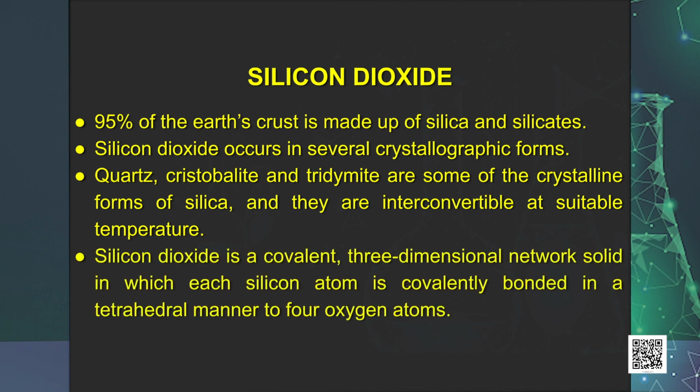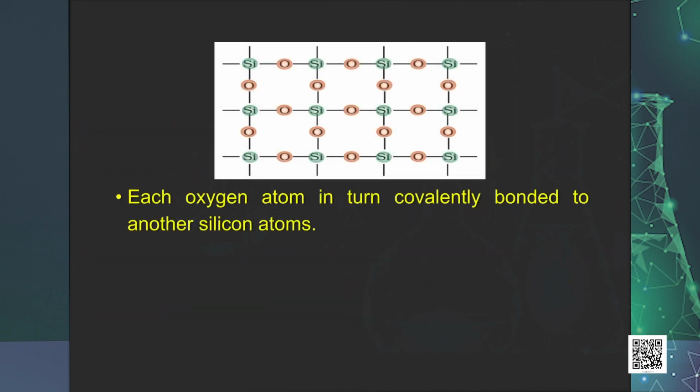Silicon dioxide is a covalent three-dimensional network solid in which each silicon atom is covalently bonded in a tetrahedral manner to 4 oxygen atoms. Each oxygen atom in turn is covalently bonded to another silicon atom as shown on the screen.